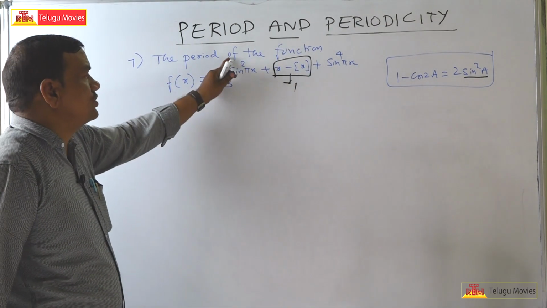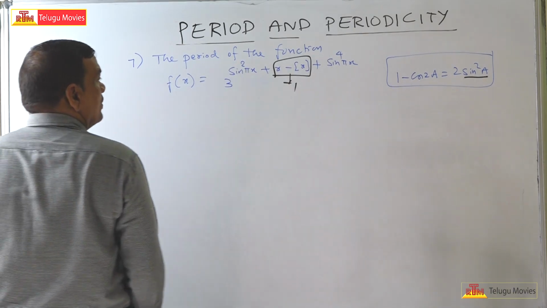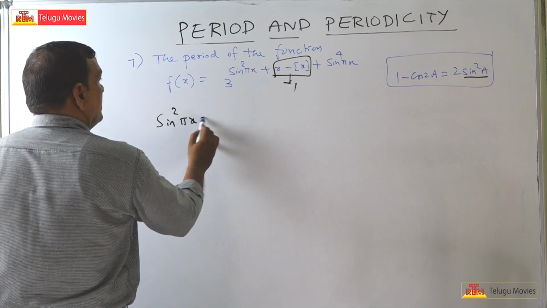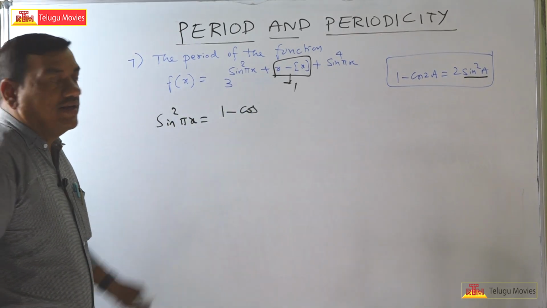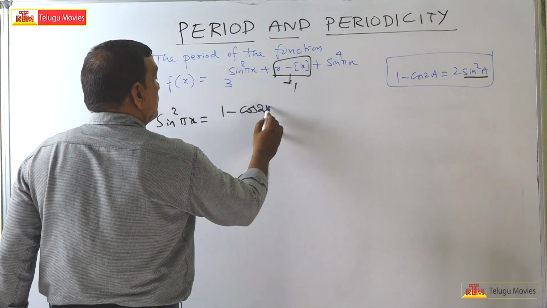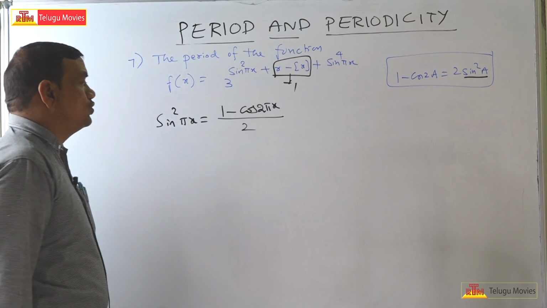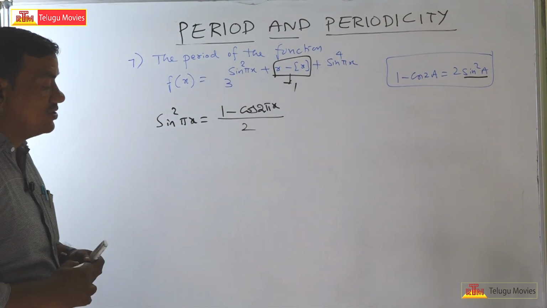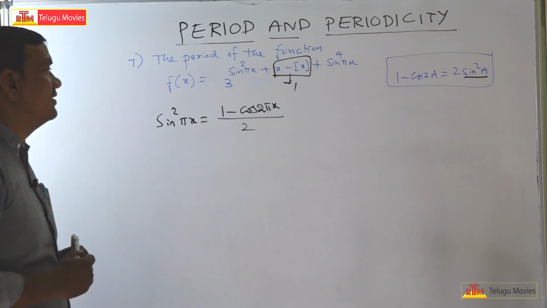Taking sine square pi x separately, that means a is pi x, so 2a is 2 pi x, and we get (1 minus cos 2 pi x) by 2. So what is the period of this function, (1 minus cos 2 pi x) by 2?